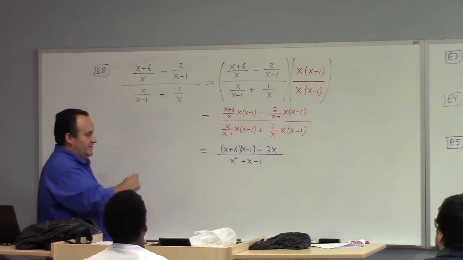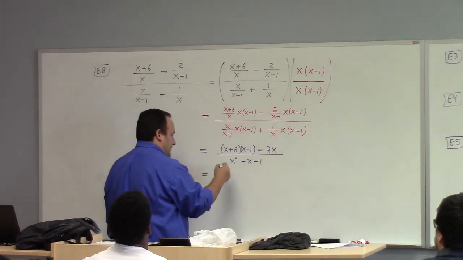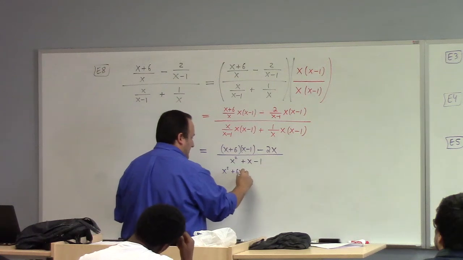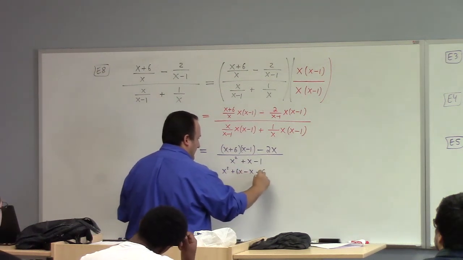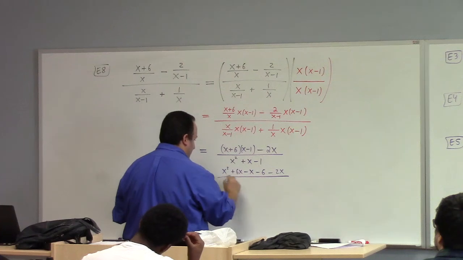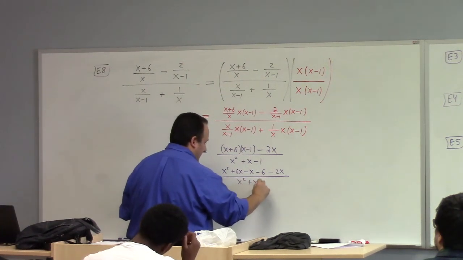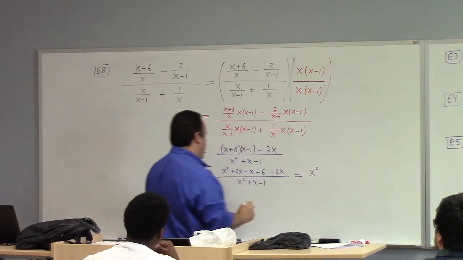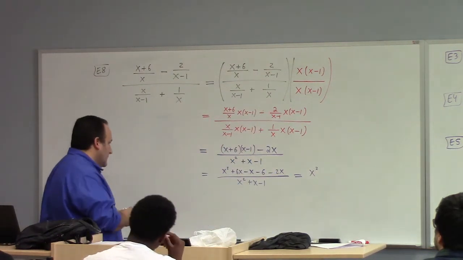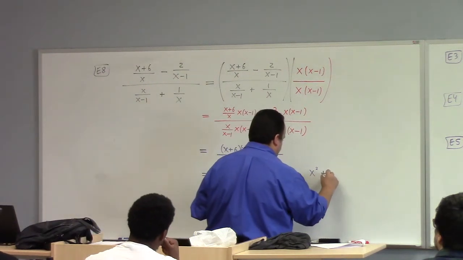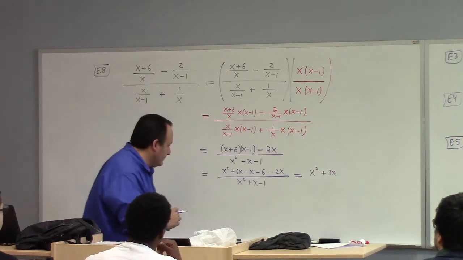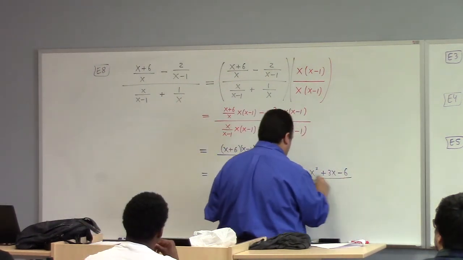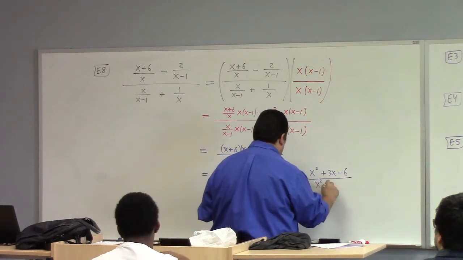And then, of course, you can simplify the numerator here: x squared plus 6x minus x minus 6 minus 2x. It's FOILed out. So what we've got is x squared plus 3x minus 6 over x squared plus x minus 1.